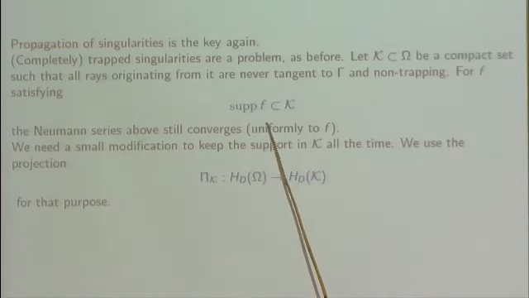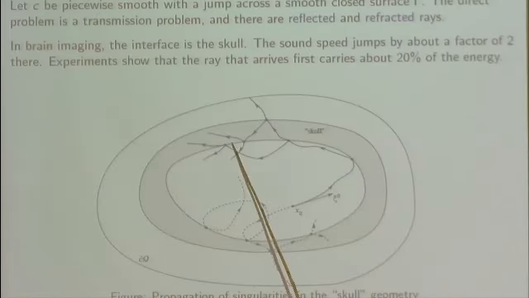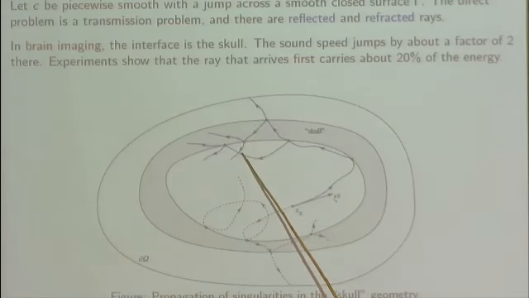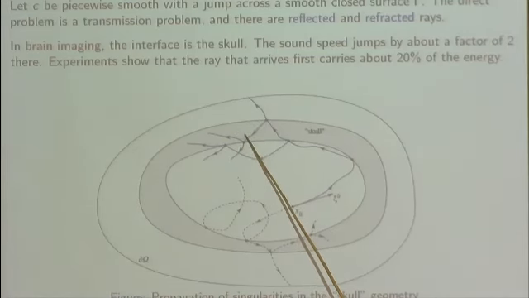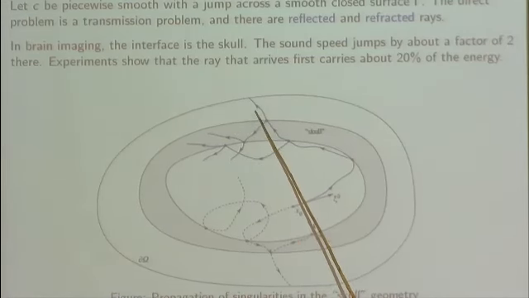So you take a compact set and assume that the rays starting on that compact set leave the domain. And then we'll again have a Neumann series argument that recovers the f. Now the difference is that the c is discontinuous. In terms of the problem you need to solve, at the boundaries of the discontinuities, you solve the transmission problem across here and a transmission problem across here.